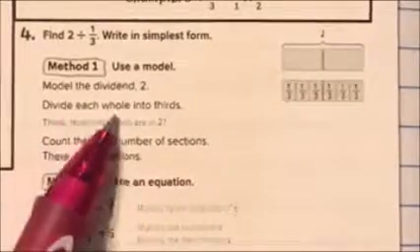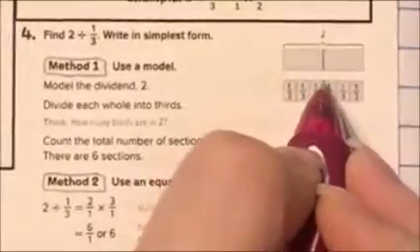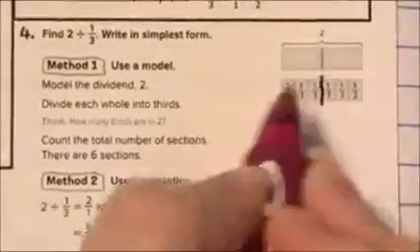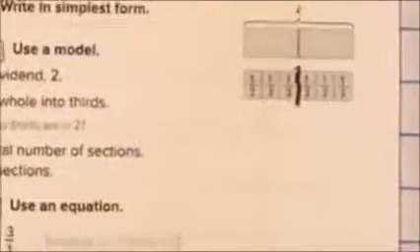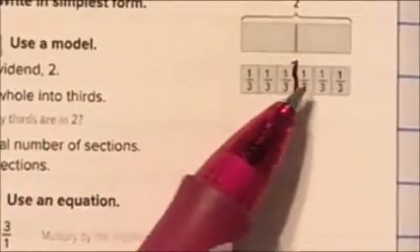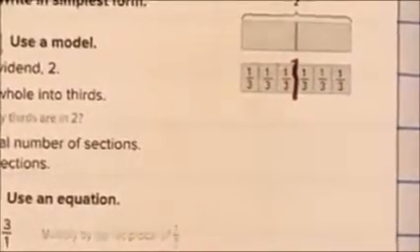Okay, then I divide each of those into thirds. I can count the total number of sections. There are 6 of them. So 1, 2, 3, 4, 5, 6. So 2 divided by 1/3 equals 6.